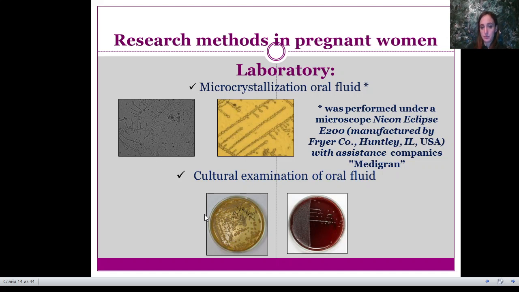Next method is laboratory. So we can do microcrystallization of oral fluid, and we can use a microscope and analyze a cultural examination of oral fluid.